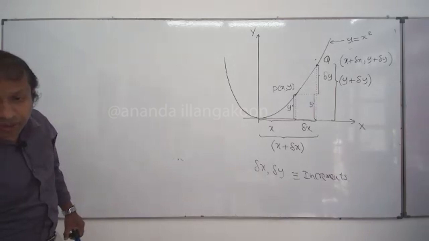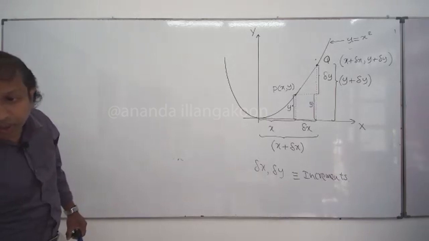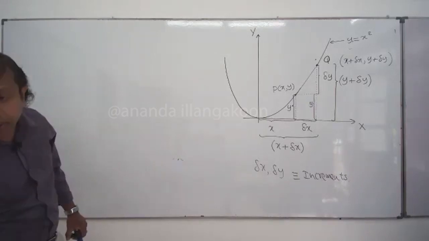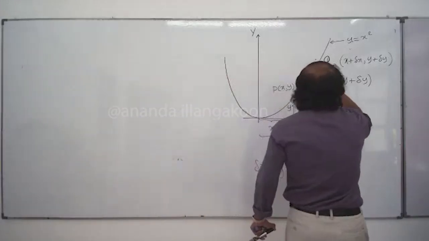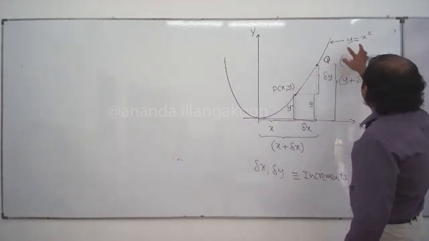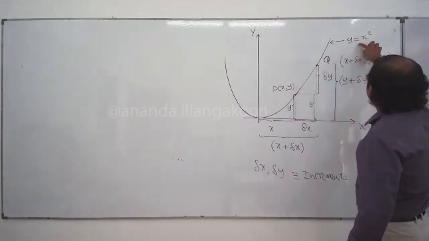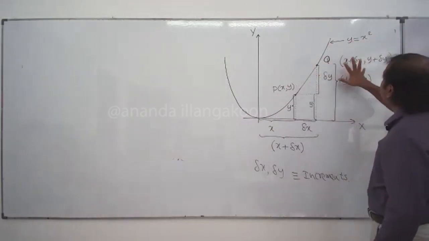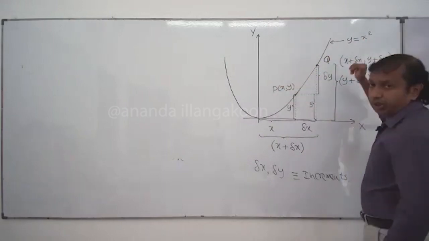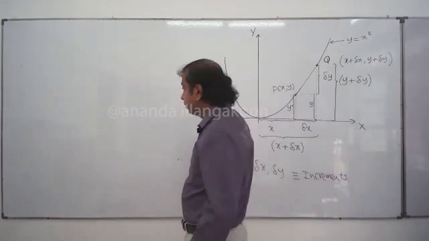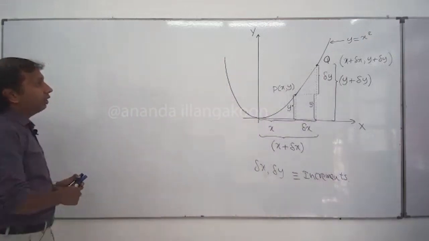So therefore, people, we can write here for the point P and for the point Q, since those points P and Q lie on this graph with the equation y equals x squared, we can say the coordinates of point P and point Q should satisfy this equation. Understand, right? Then we can write like this.